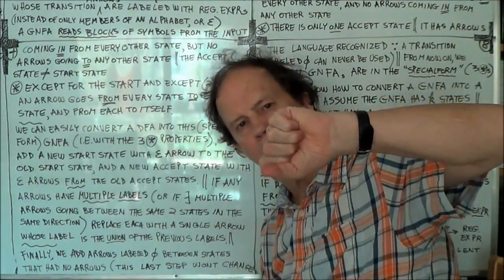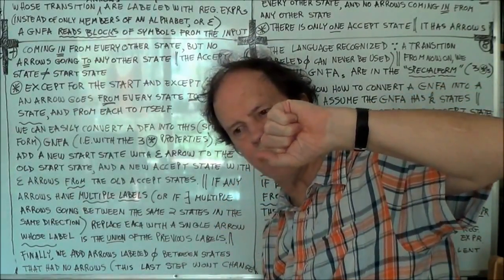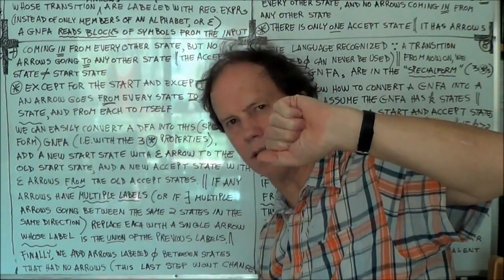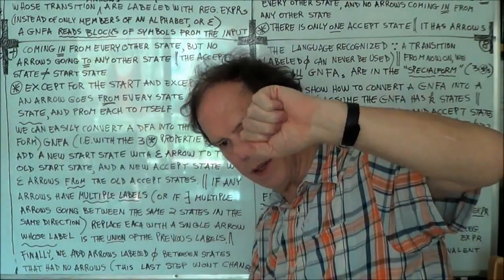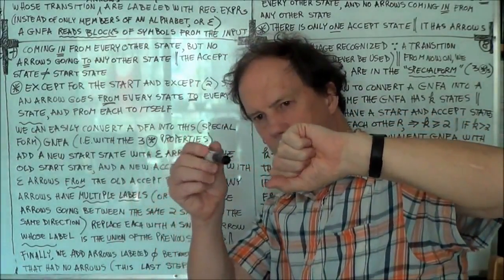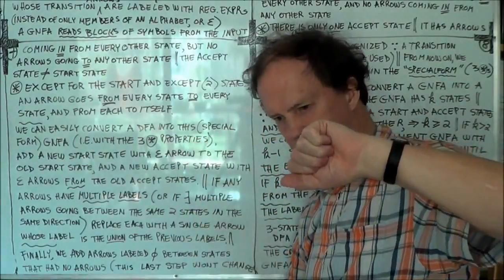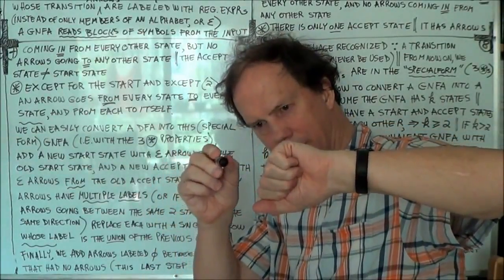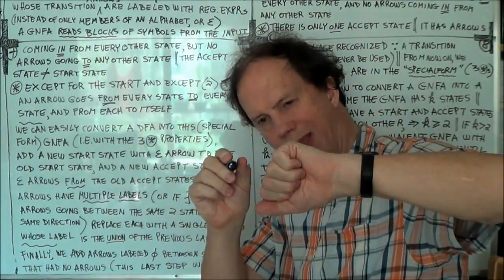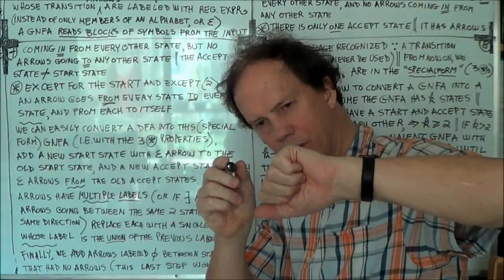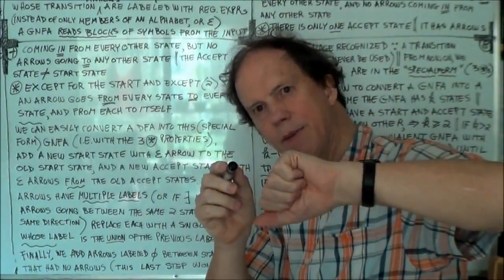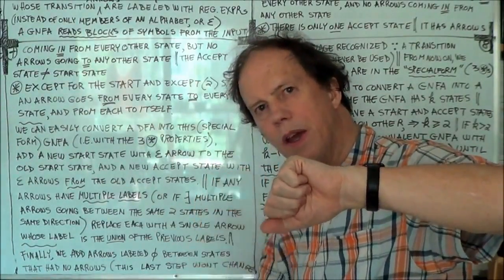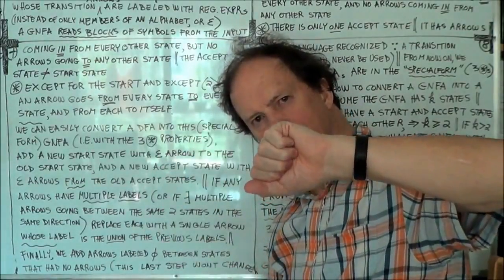Imagine now my fist is the DFA that you have, meaning the state transition diagram of that DFA. Now, to generate a GNFA from that DFA, create a new start state, and draw an epsilon transition arrow from that new start state to the start state of the DFA.